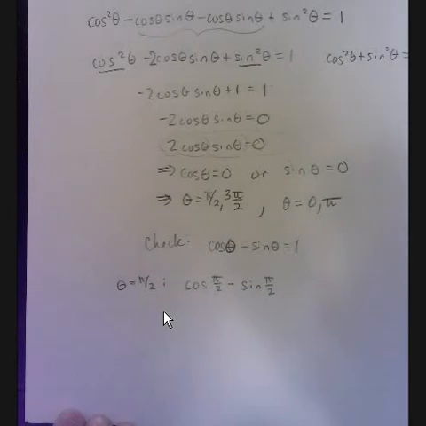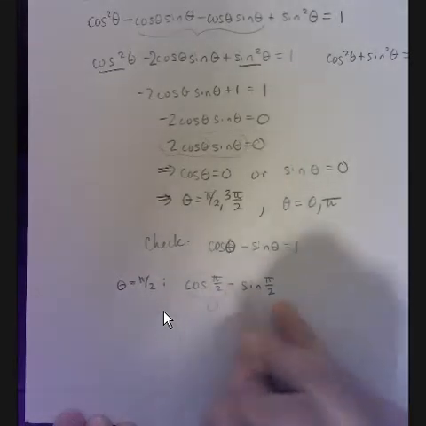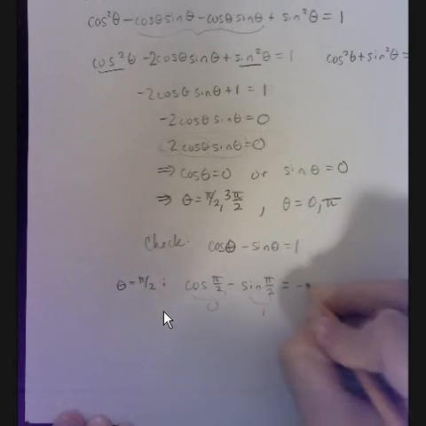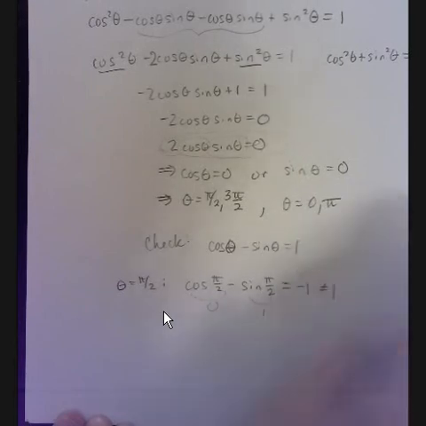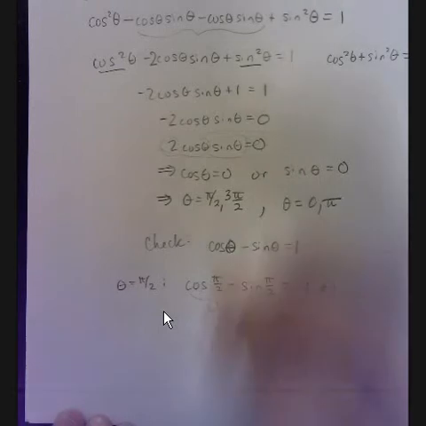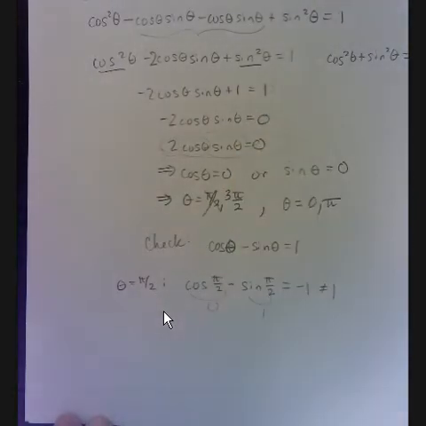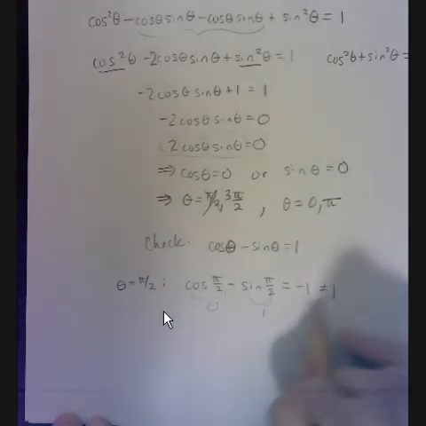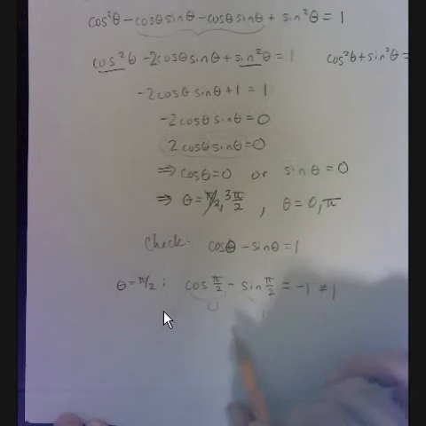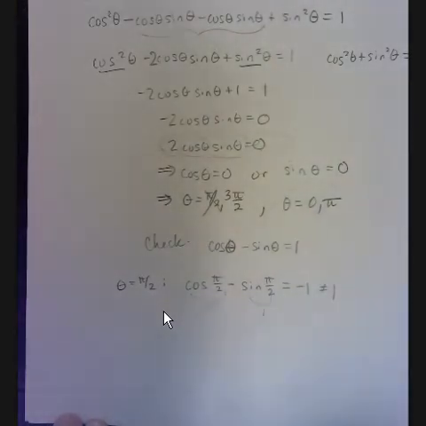This is 0 and this is 1. So notice what happens is we get negative 1, and that's not 1. So that solution needs to get tossed out. Of course, when you square negative 1, you get 1. That's why it showed up in the solution set. But we have to go back to before we squared. We need to check that, right? So that one gets thrown out.